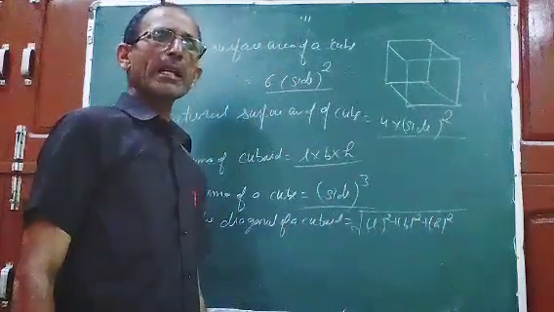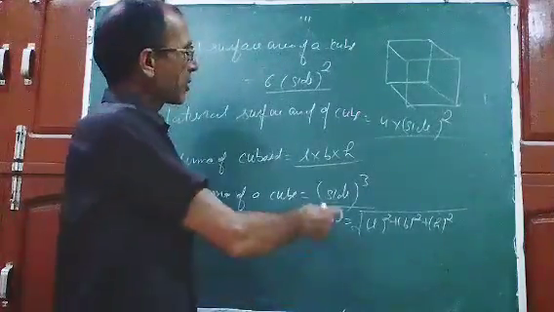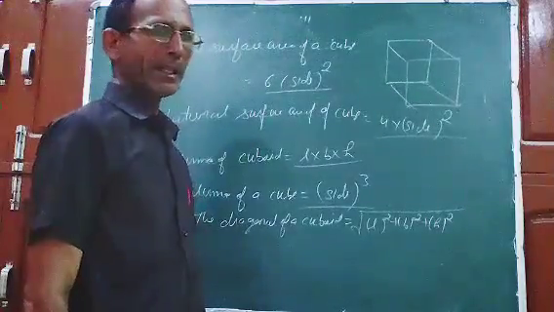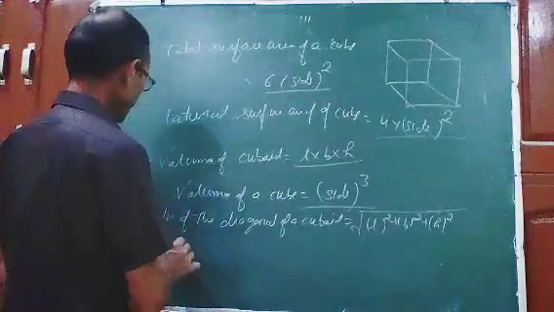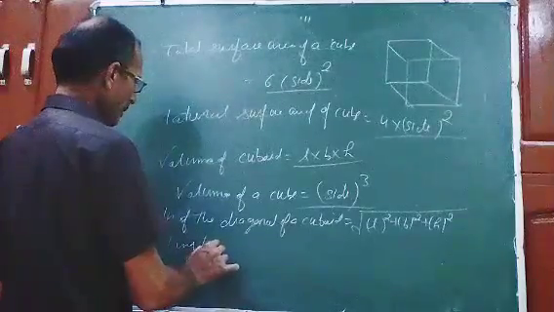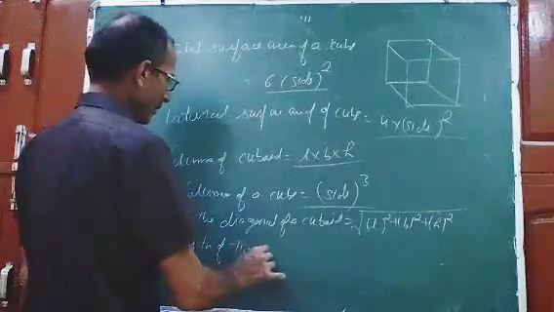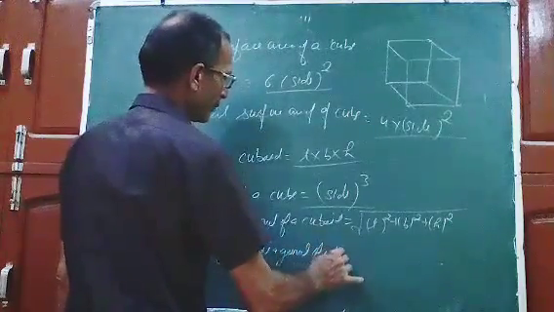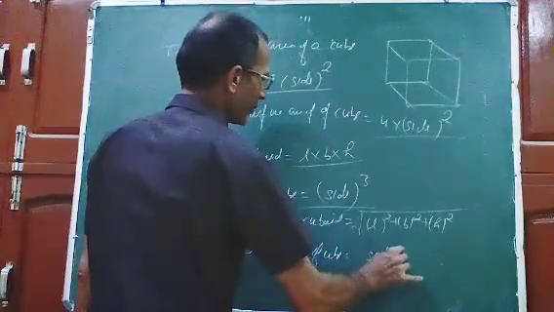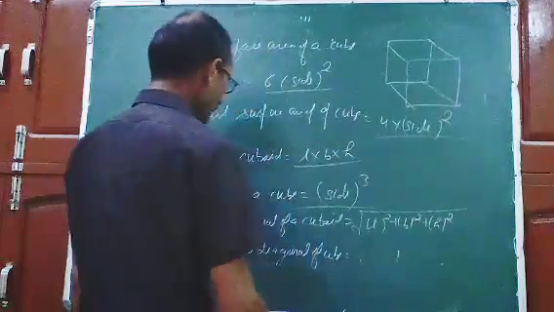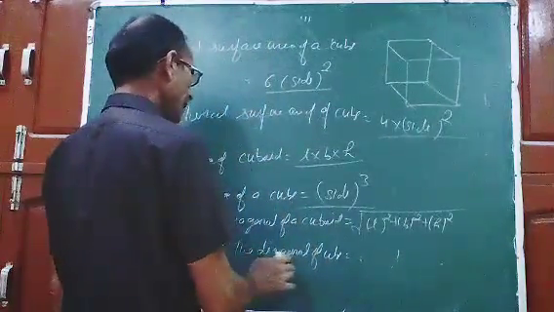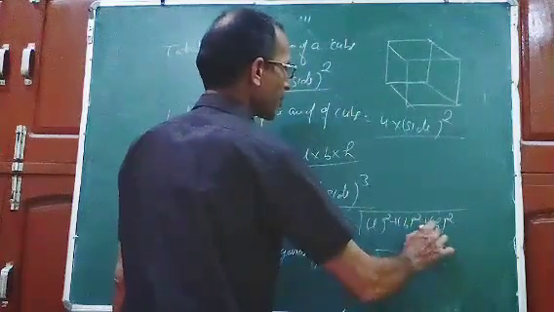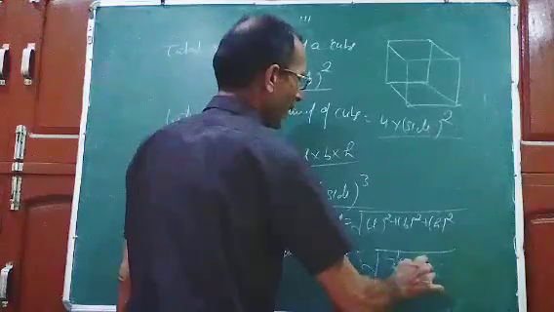If any question is related to the diagonal, you can use this formula: root of L square plus B square plus H square. And the length of the diagonal of a cube: root of L square three times, which is 3A square.